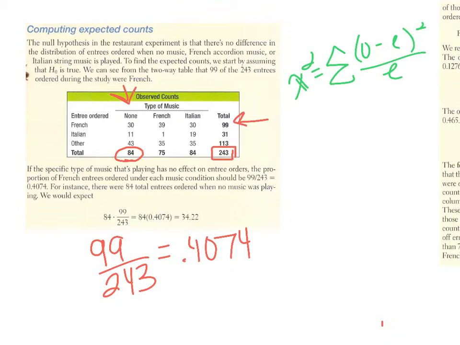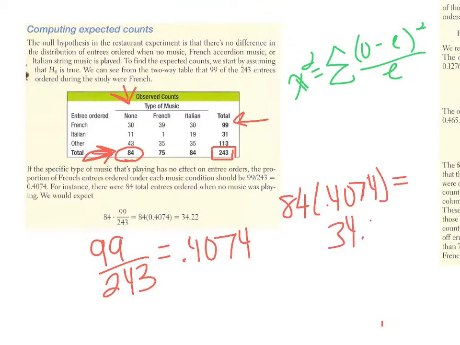So on this given night where I ordered 84 entrees, I would assume that about 41% of them would be French. So I would expect about 34.22 entrees to be French.